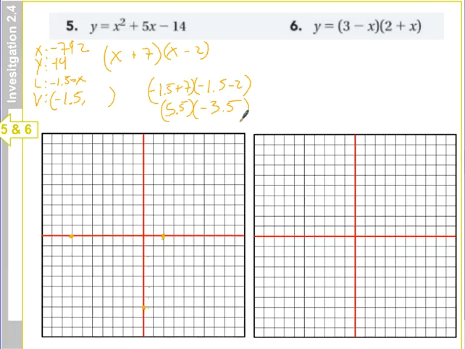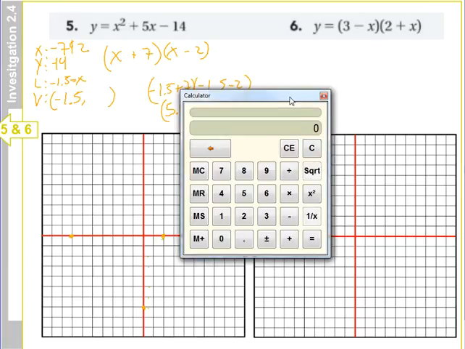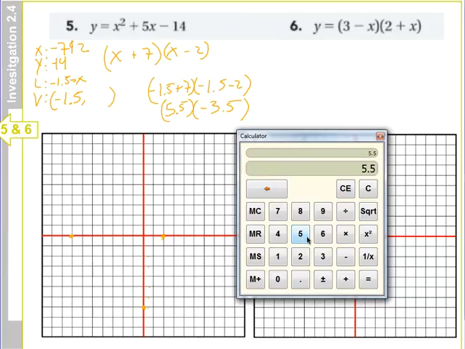And so we can take your calculator. 5.5 times 3.5, and this one's negative. So we get -19.25. So hold on a second. So at -1.5, we're going to draw this down.